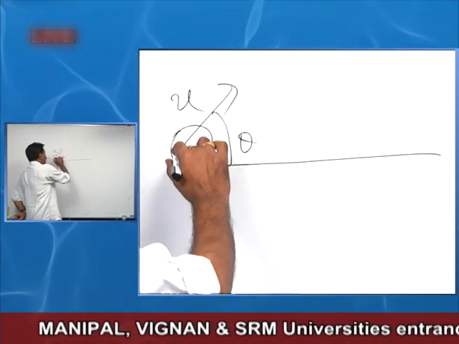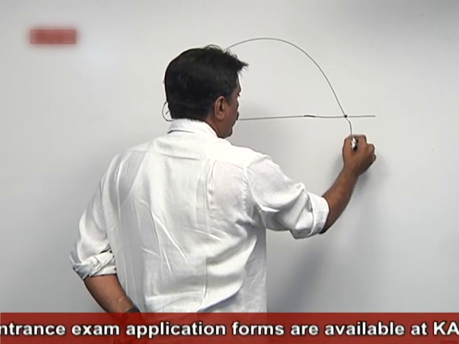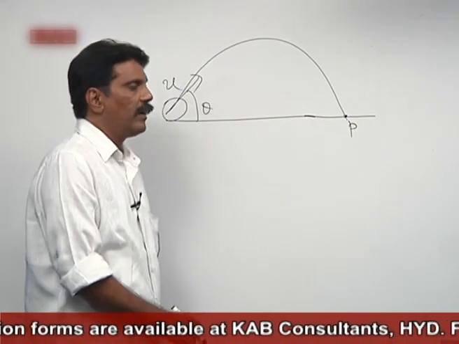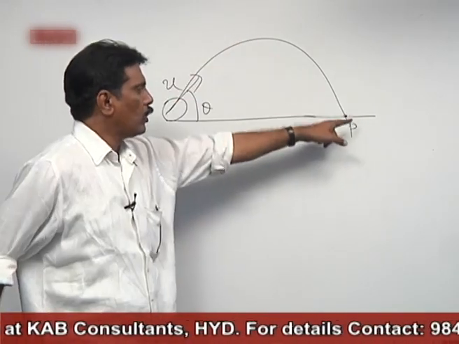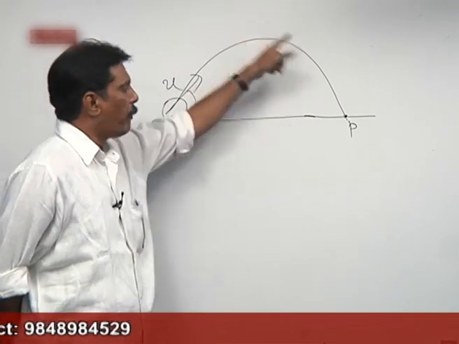Now, if it travels in a parabolic path like this and lands at the point P, what is the path of the center of mass of this parabolic path?